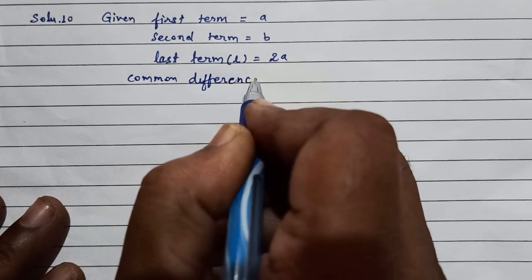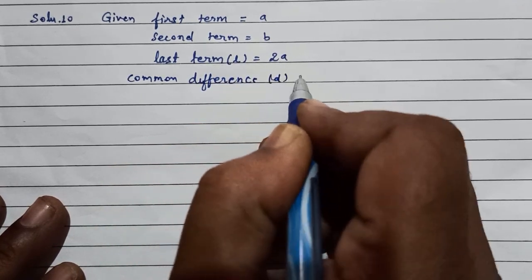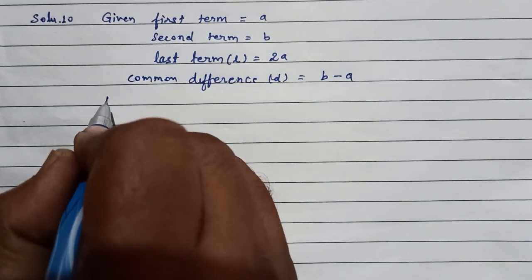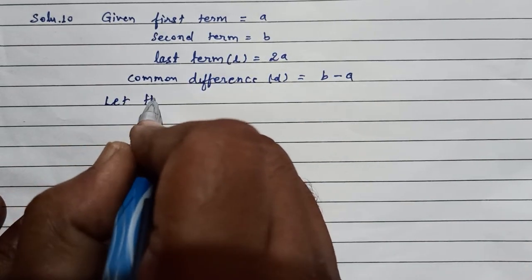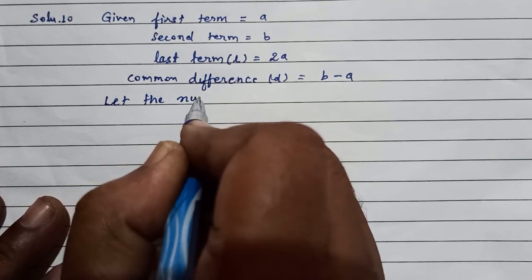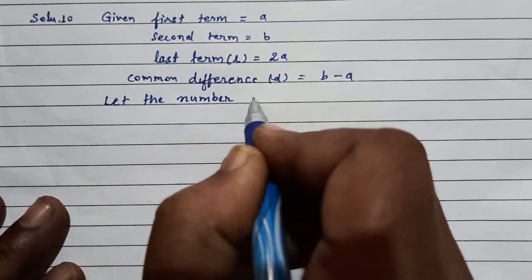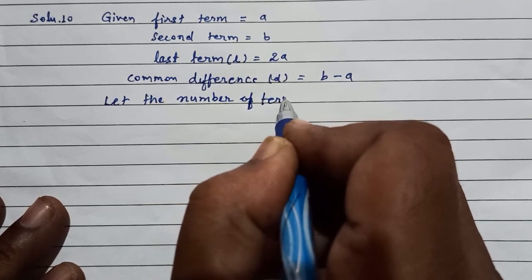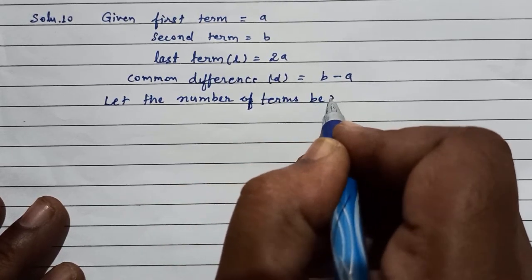Common difference d equal to second term minus first term. Let the number of terms be n.